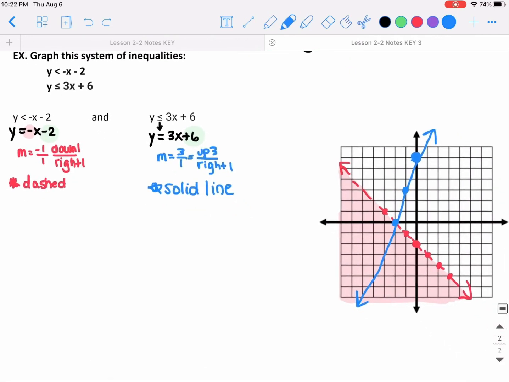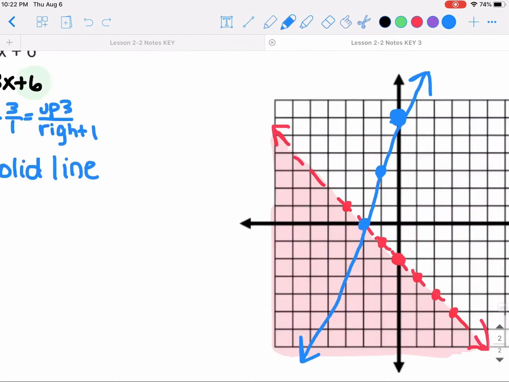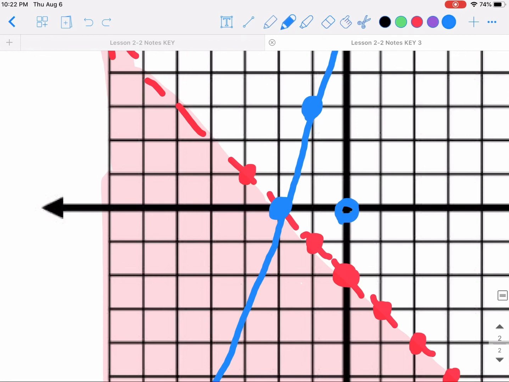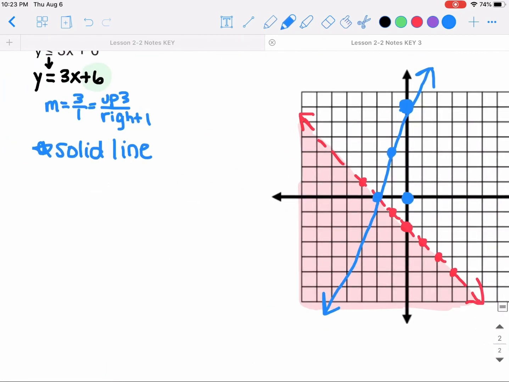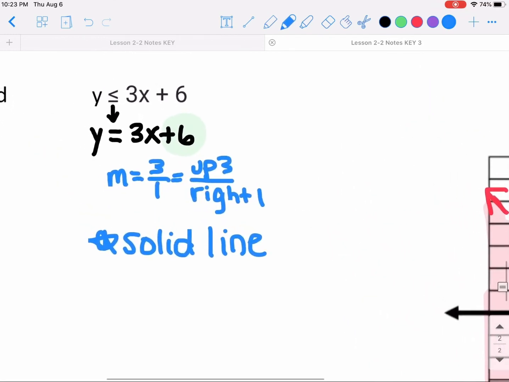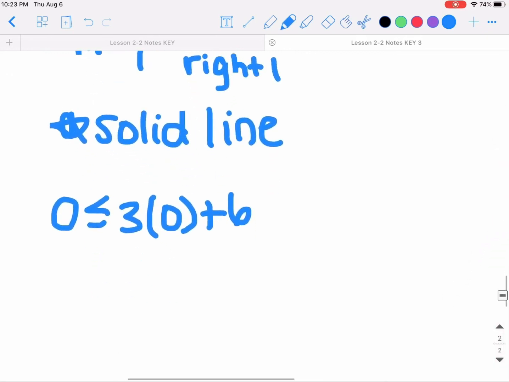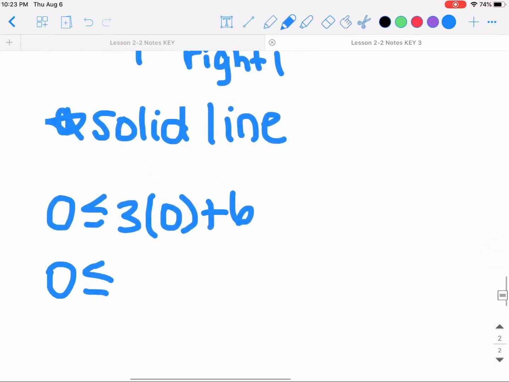Maybe it's not obvious what below the line is, so we can always check a point, and the easiest point for us to check is 0, 0. That's on what I would say is the right side of that line. So I'm going to plug in 0, 0 and see if that satisfies this inequality. If I plug in y is 0, x is 0, I'm going to have 0 is less than or equal to 6.